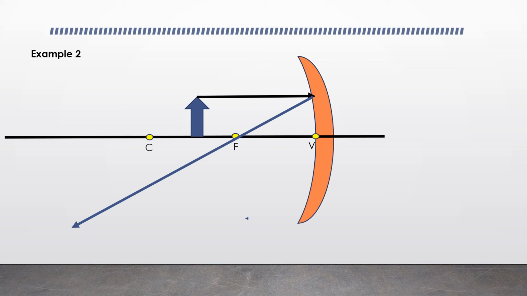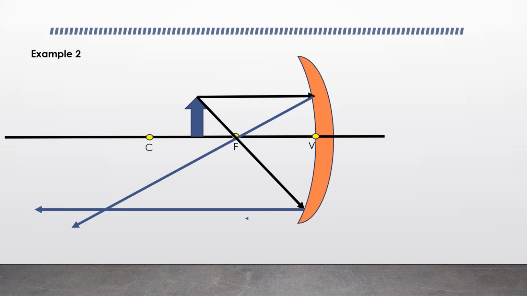Then apply the F to P ray. The incident ray should pass through the focus, and the reflected ray should be parallel to the principal axis. At this time, it is okay not to apply the C to C ray and the V ray, as long as you can see that there are reflected rays that intersect.